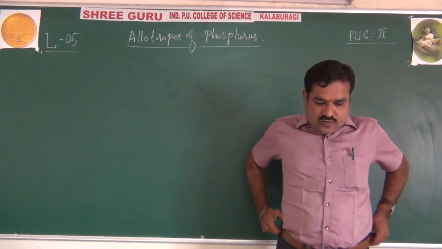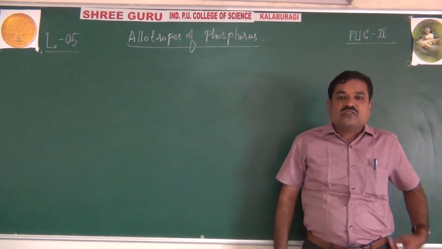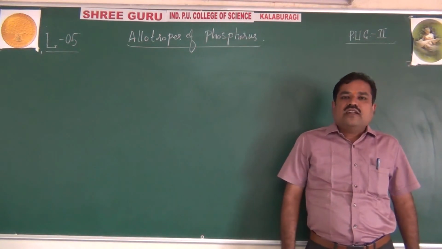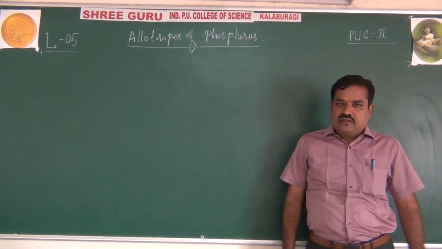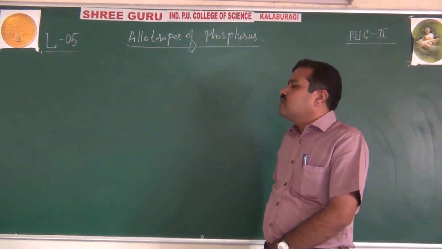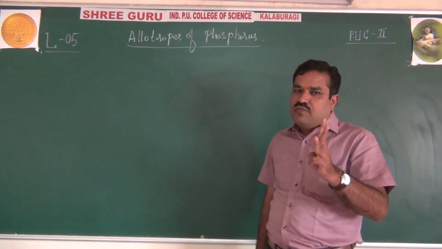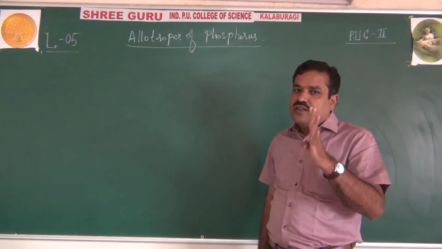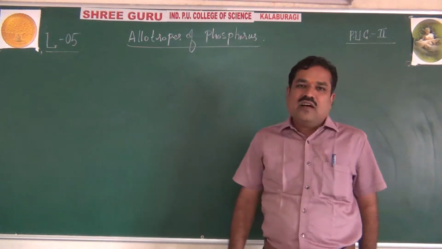Three important allotropes: white phosphorus, red phosphorus, and black phosphorus. Actually, 5 varieties are there: white, red, black, violet, and scarlet. But for our syllabus, according to your NCERT textbook, we are supposed to study white phosphorus, red phosphorus, alpha black phosphorus, and beta black phosphorus. So let us study one by one.